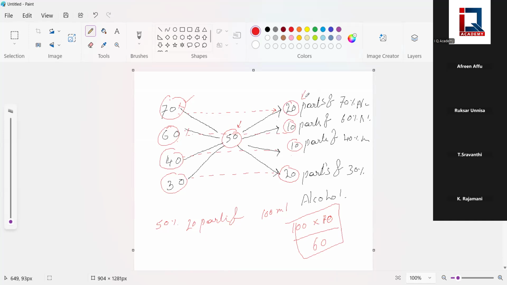Answer. Yeah, 33. 33.33 ml of 70% alcohol. 33.33 ml plus 10 parts, 100 into 10 by 60, 16.66.